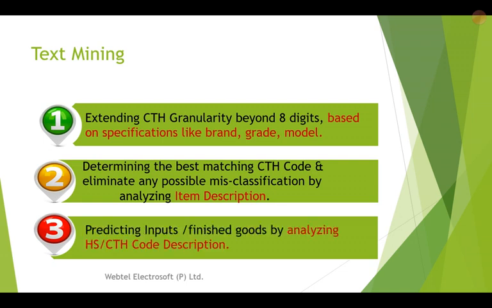Similarly, they can analyze the HSN code or the CTH code description. Through all these ways, the government can know where unscrupulous people are trying to defraud revenue and charge lower rates, etc. So this data mining, text mining is being done, and that is how many people are caught who are using fake invoices, claiming ITC on fake invoices also.